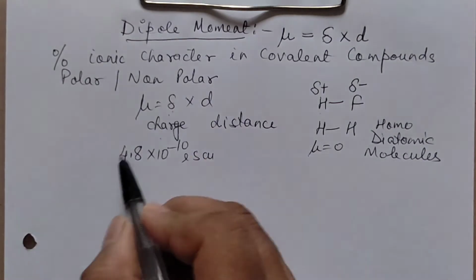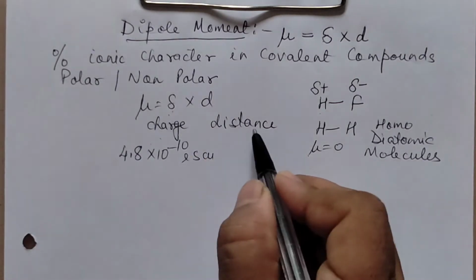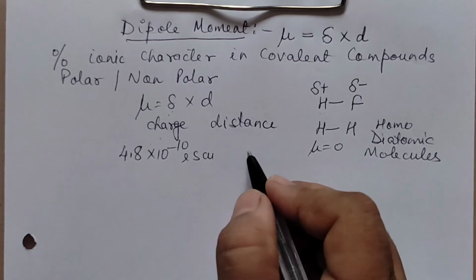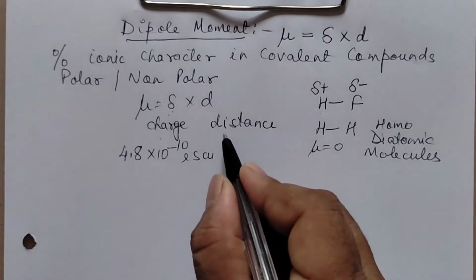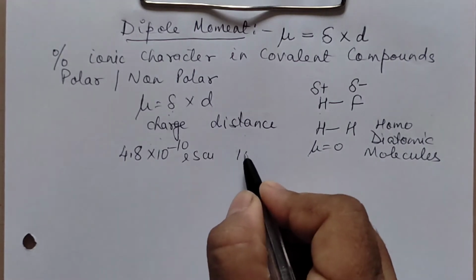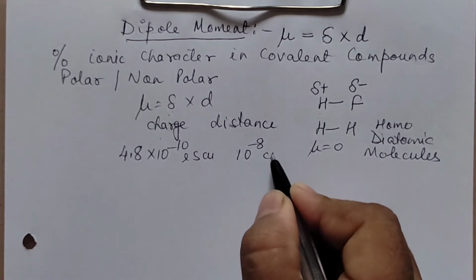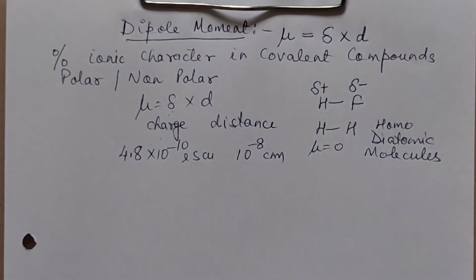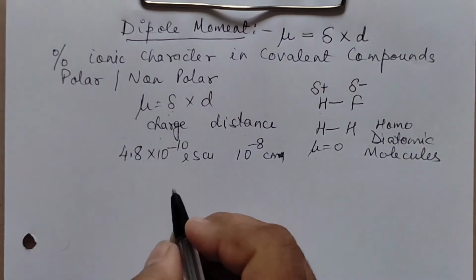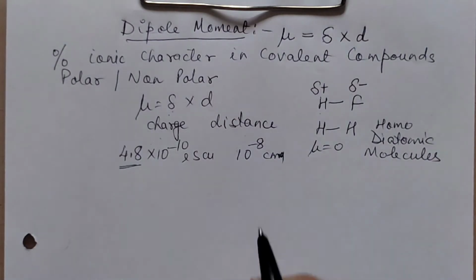Distance is normally in angstrom. If we are taking in centimeters, it will be 10 to the power minus 8 centimeter. So this may vary depending upon what is the charge, what is the delta value.